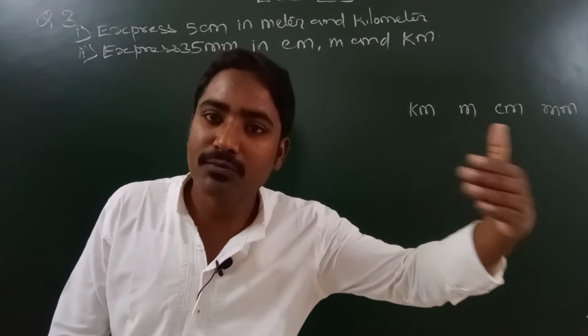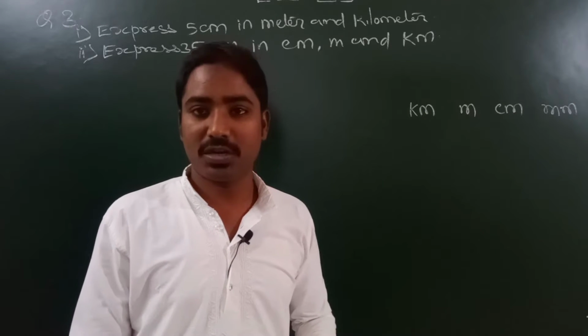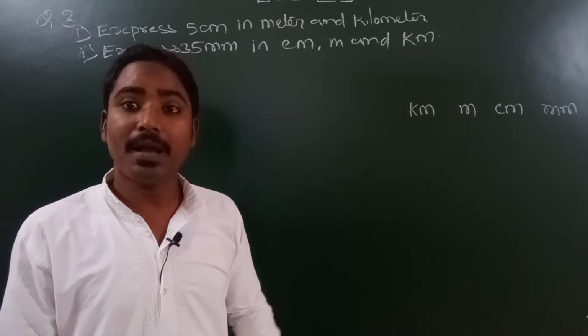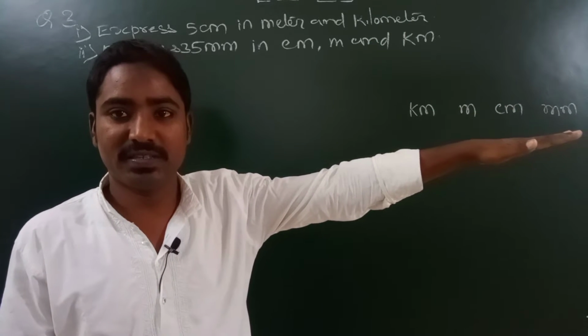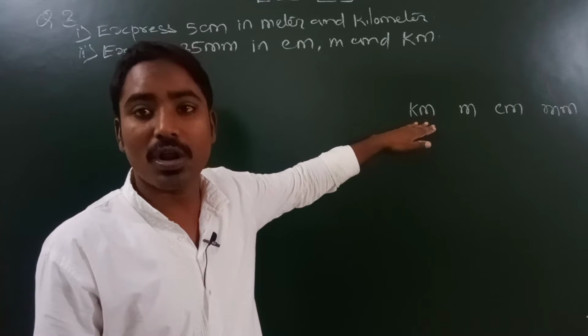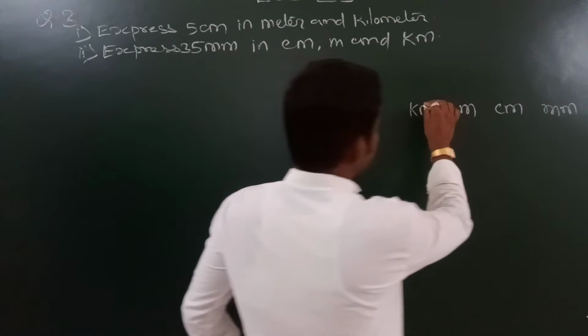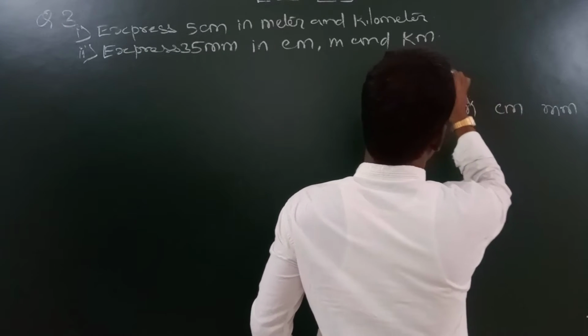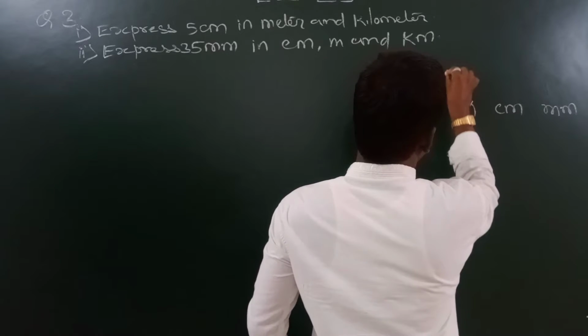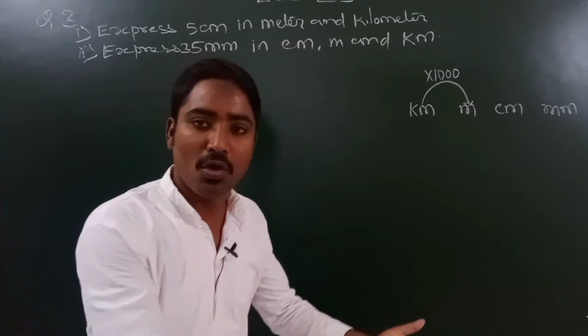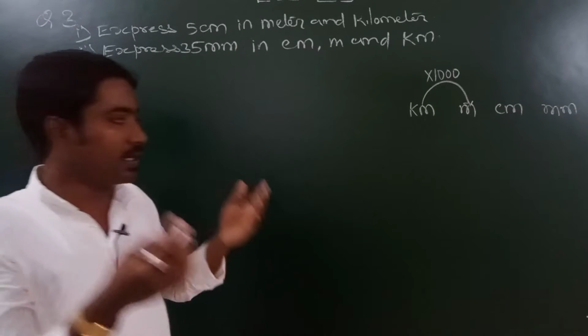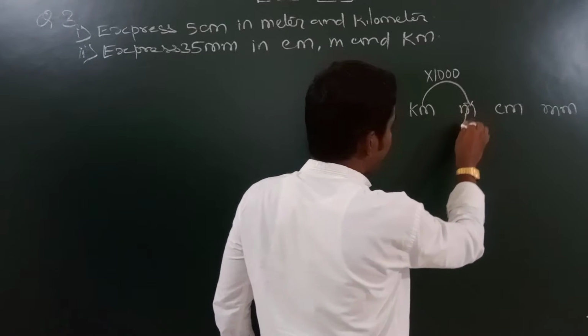So whenever we are moving from a bigger unit to a smaller unit, for example we have kilometer and we have to go to meter, then we will have to multiply it by 1000. And whenever we have to move from a smaller unit to a bigger unit, then we will have to divide it.